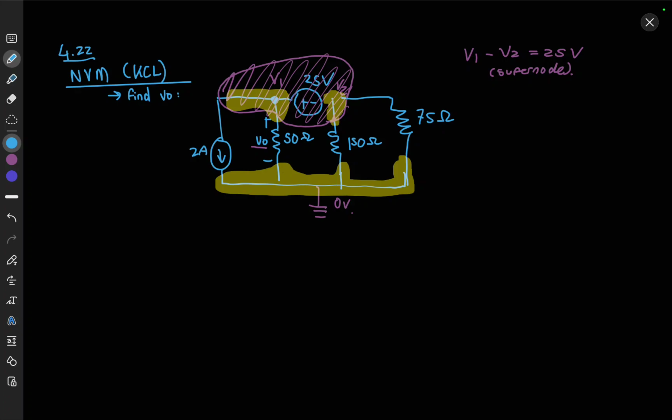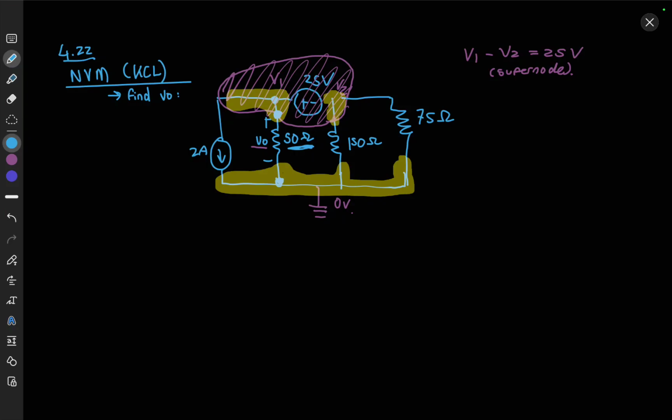But how we apply this is whatever is here minus whatever is here, so the 2 voltages over this resistor value. Simple as that. It's always going to be the voltage that we're dealing with minus the other one.